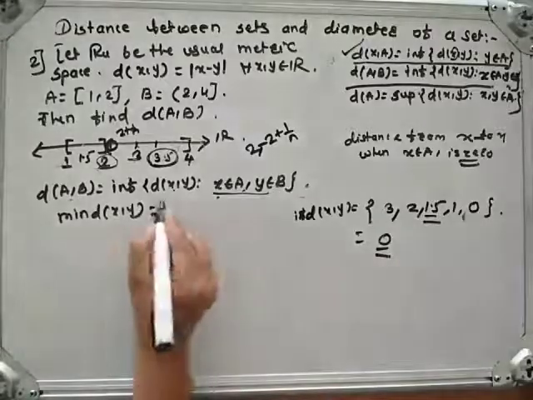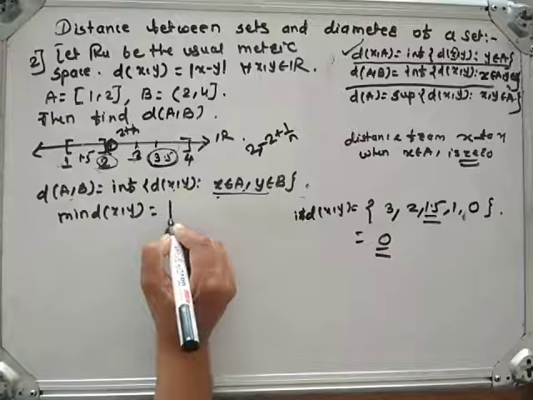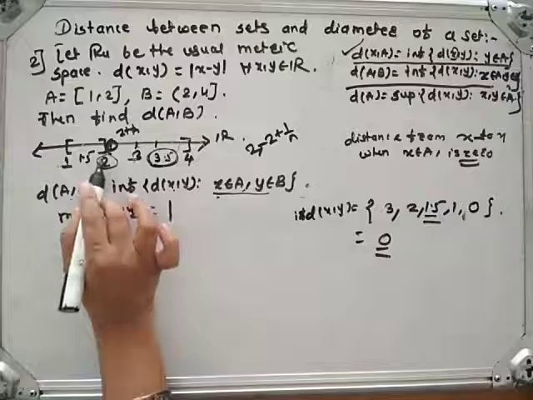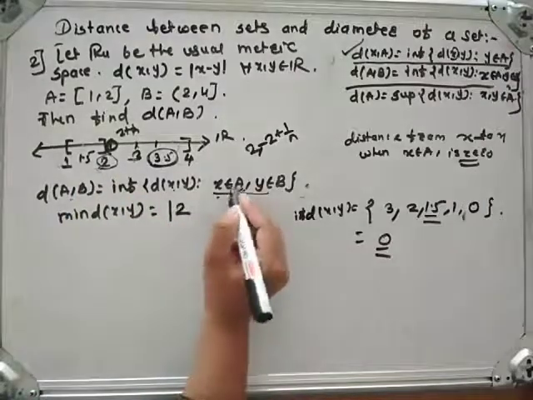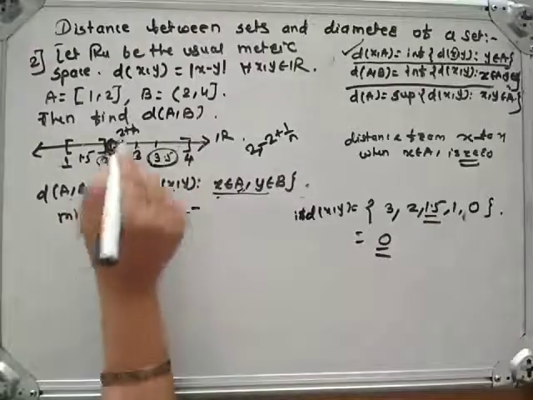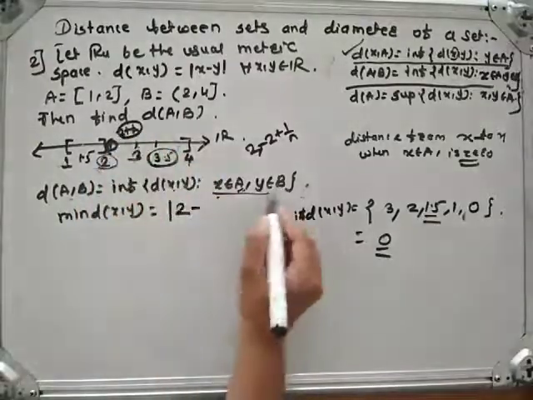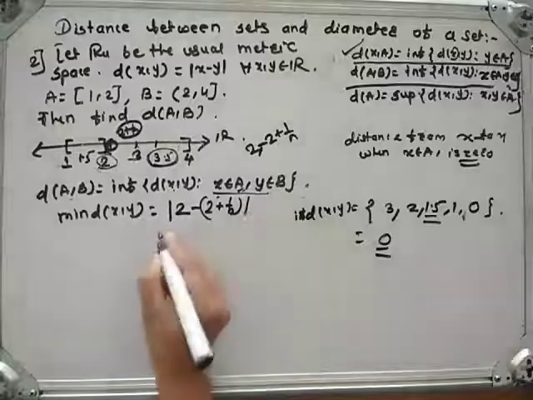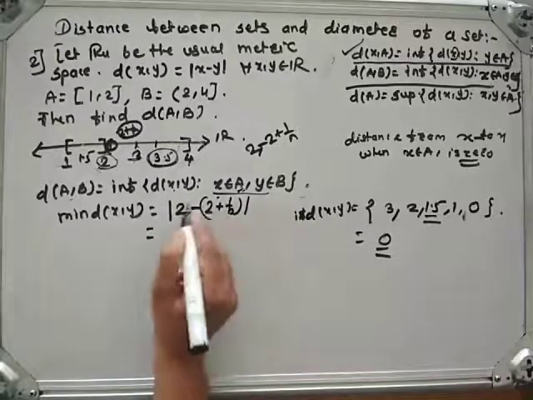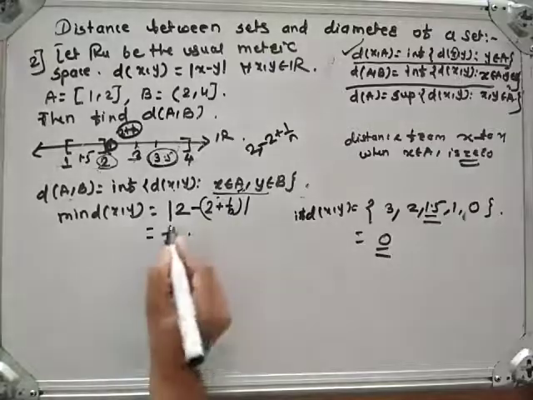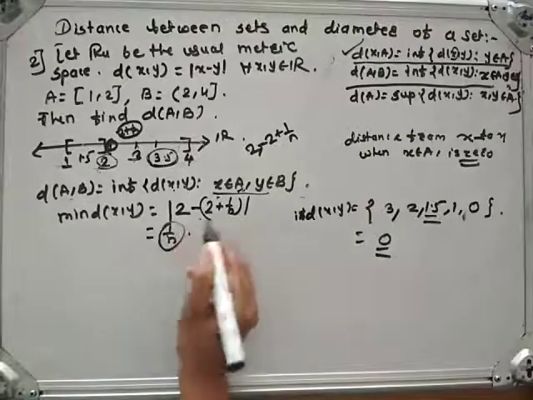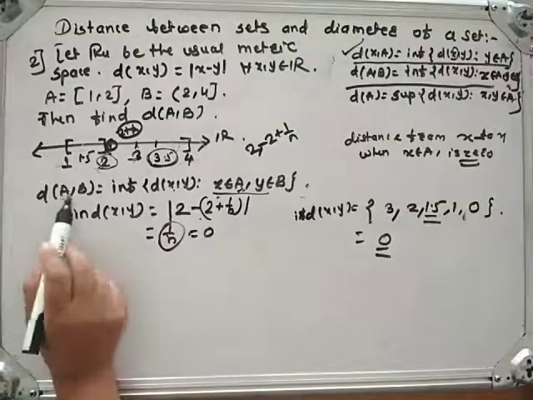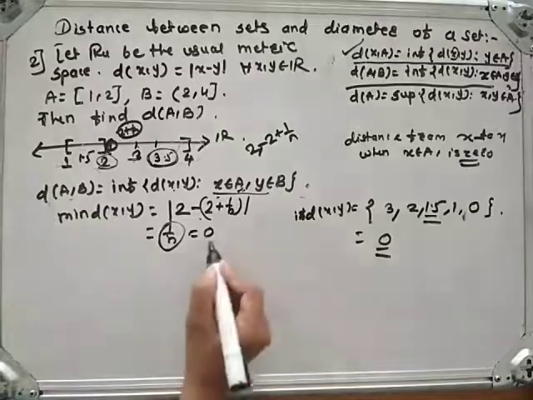The minimum of d of x, y means taking 2 belonging to set A and 2 plus 1 by n belonging to B. This is 2 minus 2 is 0, which is equal to 1 by n, and as n tends to infinity, 1 by n tends to 0, therefore it is equal to 0. Therefore the distance between A and B is 0.